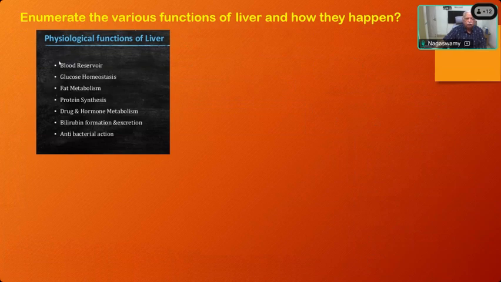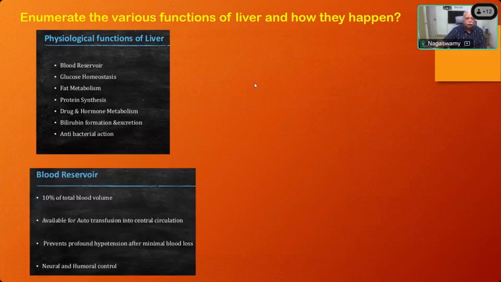Okay, so 1 to 1.5 liters of blood can be pumped from the liver into the circulation. Then it maintains glucose homeostasis, fat metabolism, and protein synthesis, which are all main metabolic activity. Then detoxification function or drug and hormone metabolism. Then bilirubin formation and excretion, antibacterial activity or immunological function.